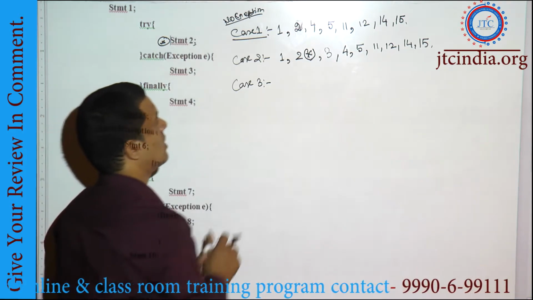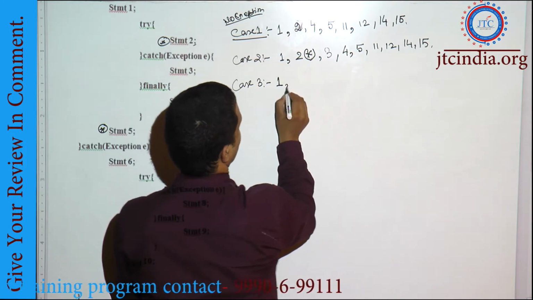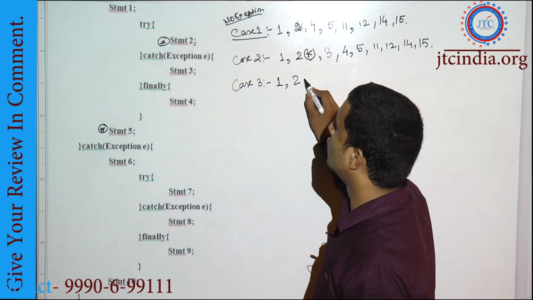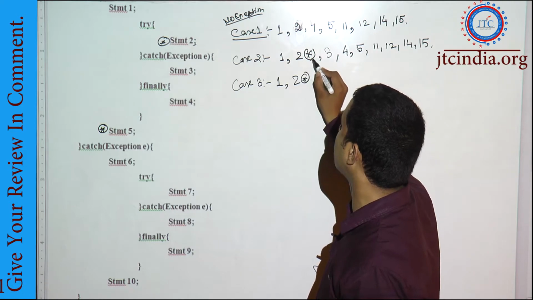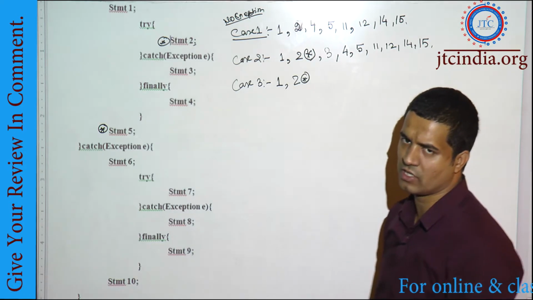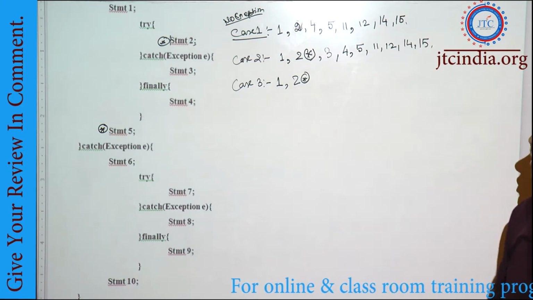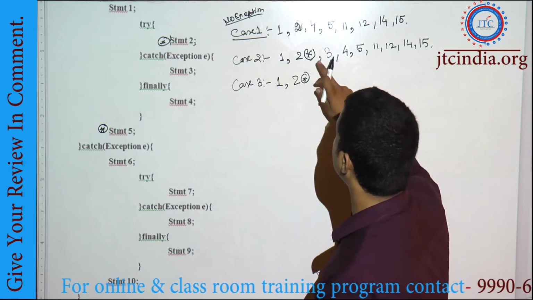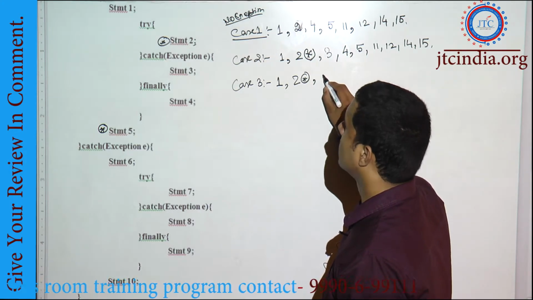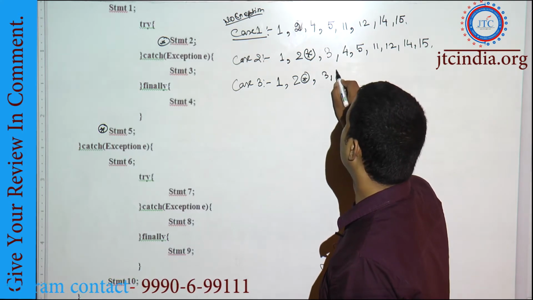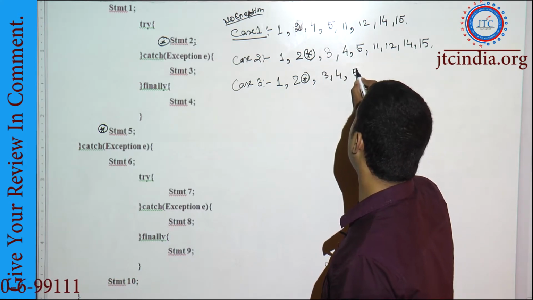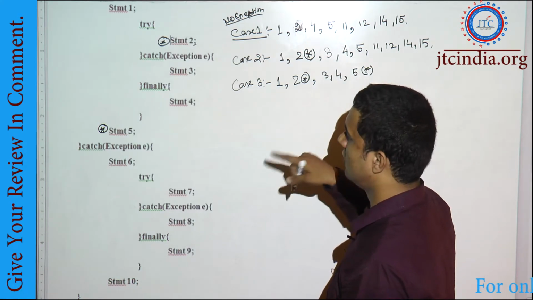So statement 1, statement 2, here itself the exception occurred. Wherever an exception occurred, I am marking it with a star. So in statement 2 the exception occurred, then 3, 4, and at 5 here the exception occurred.